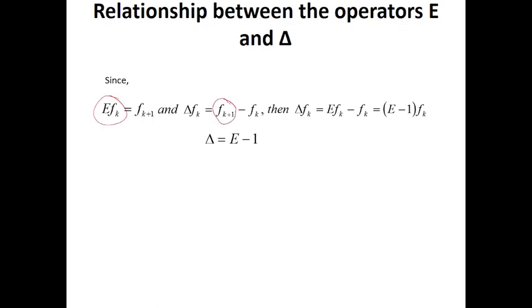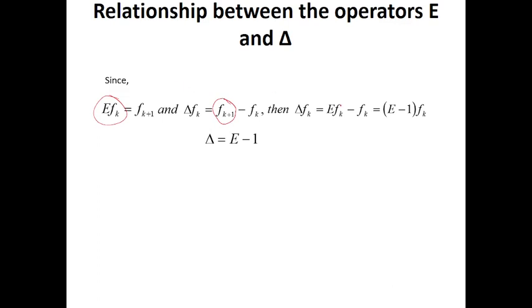So, since E f sub k equals f sub k plus 1, no? And delta f sub k equals f sub k plus 1 minus f sub k, then, anong mangyayari? So, palitan natin itong f sub k plus 1 ng E f sub k.